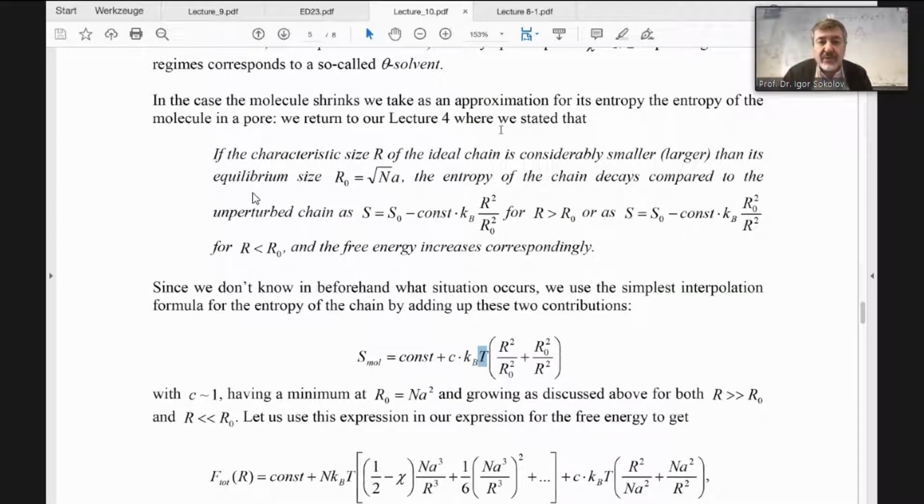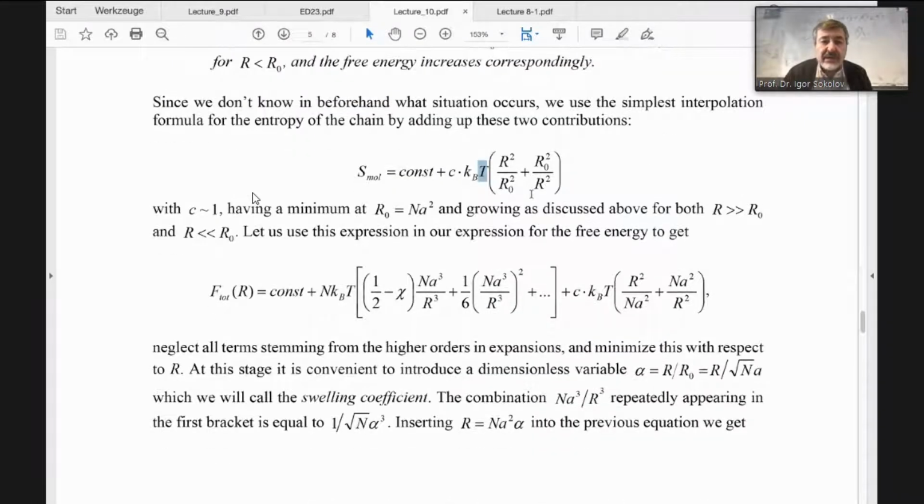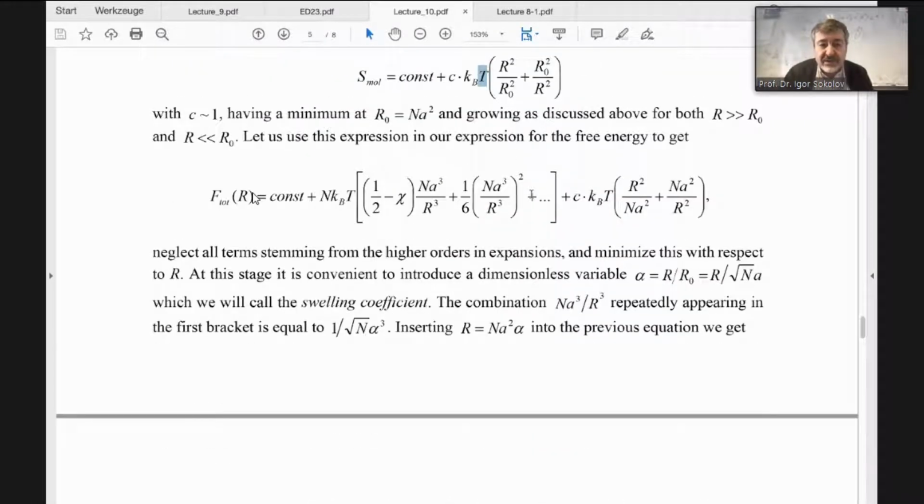Now I'm using this formula in combination with my Flory-Huggins-like approach. So I say this is the entropy or the free energy of the bag, and this is the free energy of what is inside the bag.